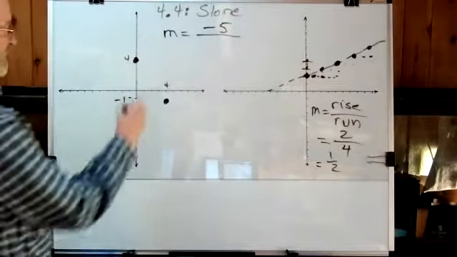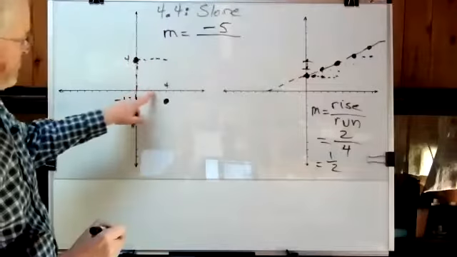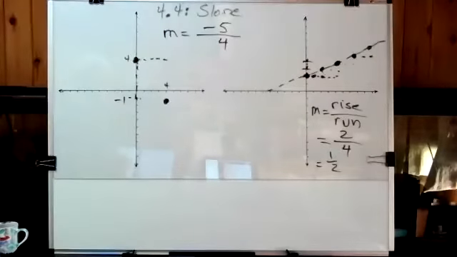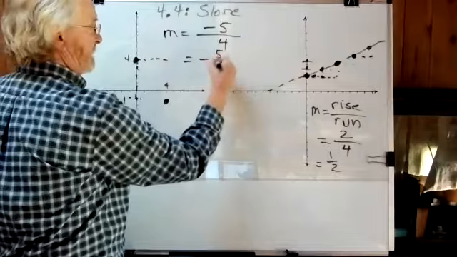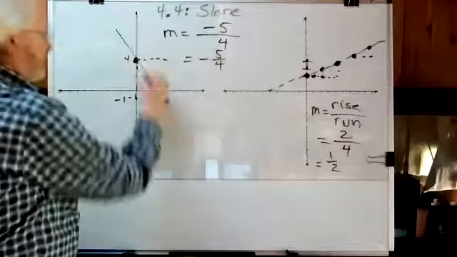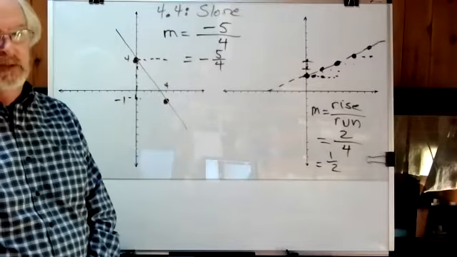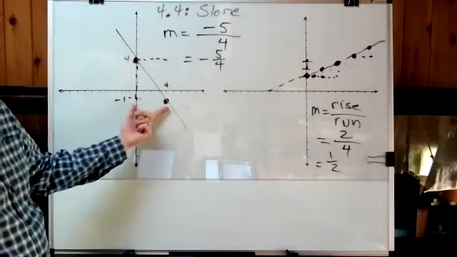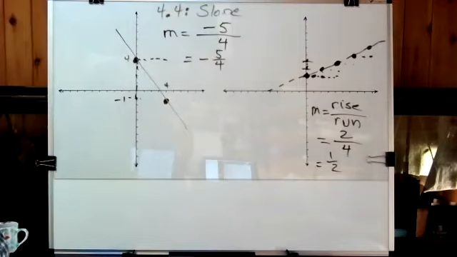From here over to there, I went +4. So this slope is a negative fraction, a negative number. That line through those two points should look like it's going downhill. I have a negative slope. I'm just carefully counting the difference in the squares. Make sure you get your y value on top and your x value change on the bottom.